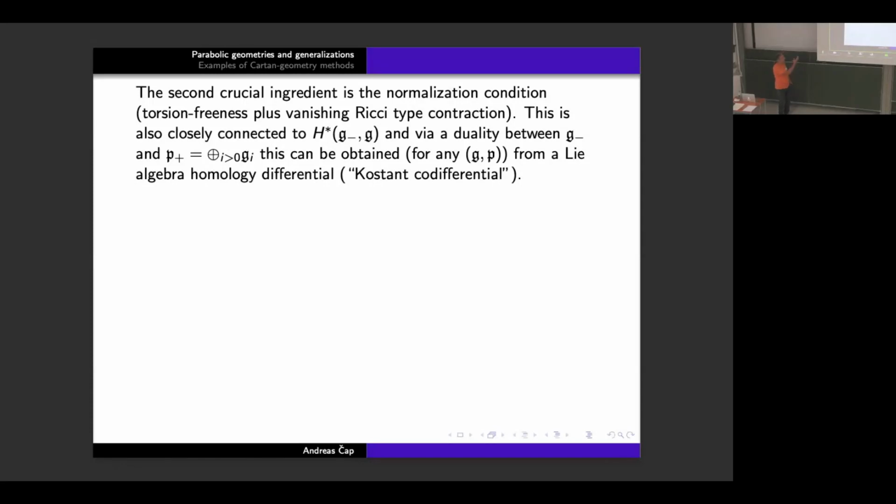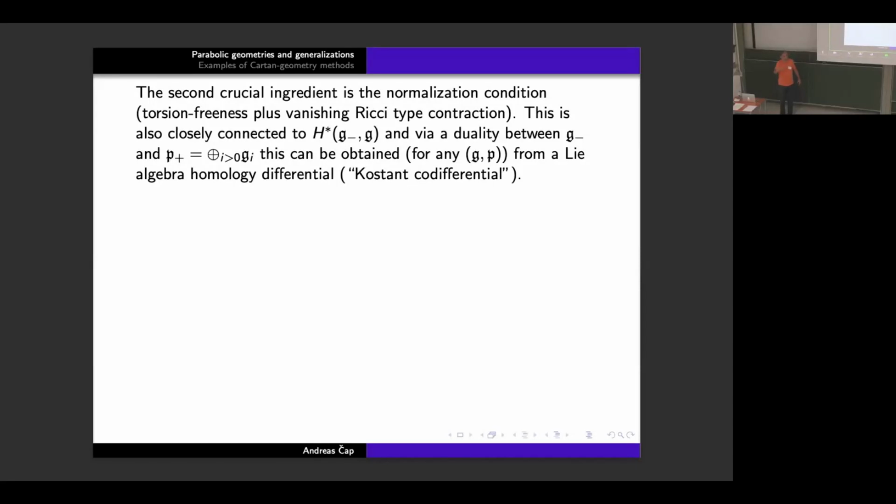For the conformal case, this was exactly the torsion freeness on the one hand, which we took for granted because we knew it in advance, and this vanishing of the Ricci-type contraction that made the Cartan connection finally canonical.